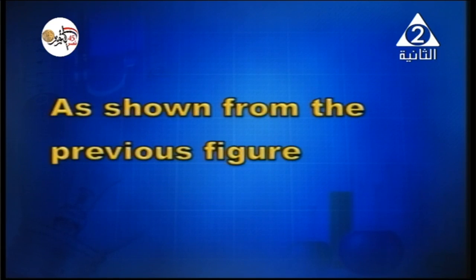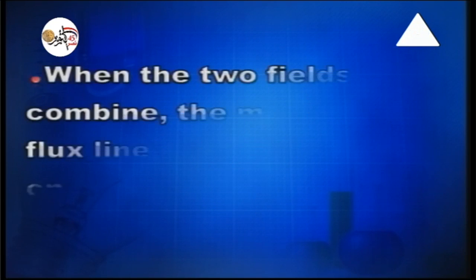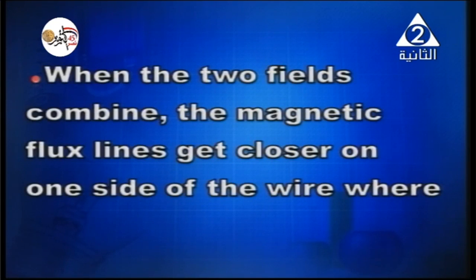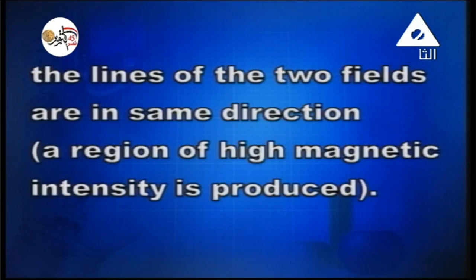As shown from the previous figure, when the two fields combine, the magnetic flux lines get closer on one side of the wire, where the lines of the two fields are in the same direction. We call this region a region of high magnetic density or intensity.